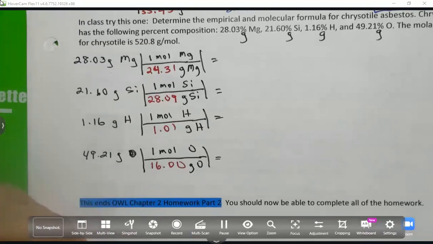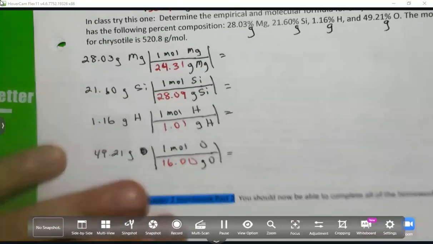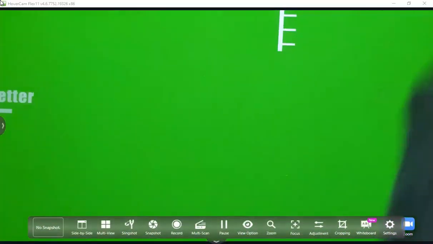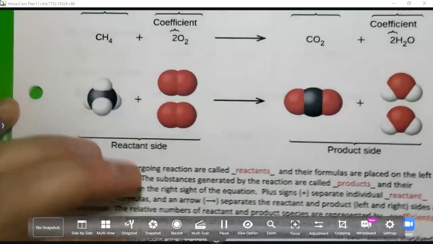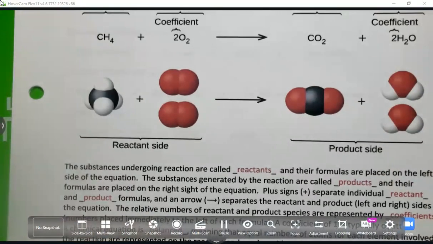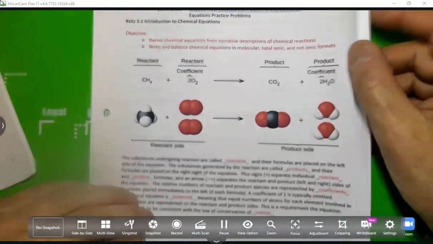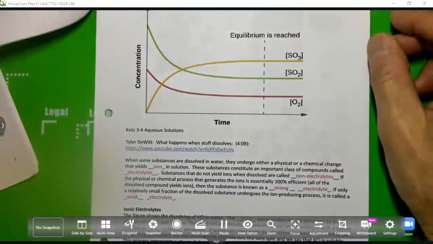Let's go on to chapter 3. So we'll close the book on this baby. We are going to talk about chapter 3, and we are going to go to the section that lines up exactly with our lab. So let's see what we're going to do here for chapter 3. This starts out with balancing equations. But we have to talk about whether or not something dissolves in solution first.